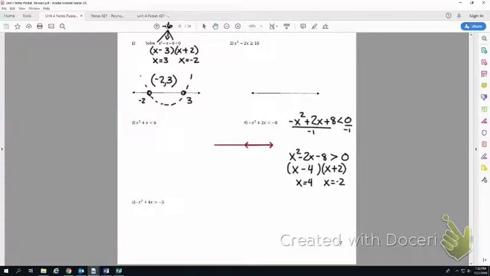This is really cool. You can draw your own, just like that, and now you have a number line. I would highly recommend that you do that. So I've got 4. I've got -2. Do I need open or closed circles? Open.